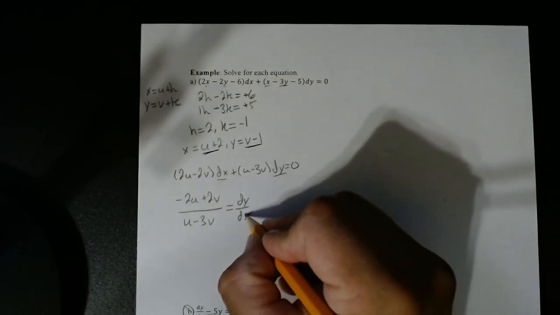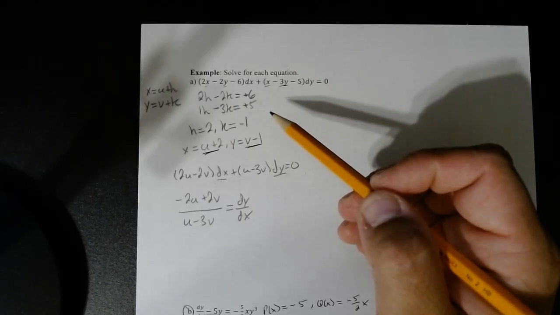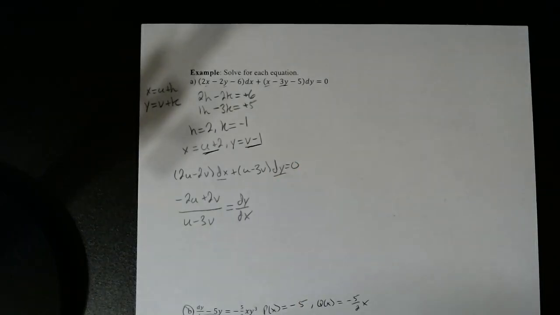Okay, now again, we have to figure out this portion, but we're going to go back here and use our substitutions. Okay, all right, so how we are going to do that is a different story.